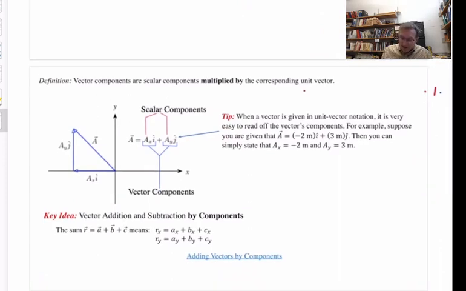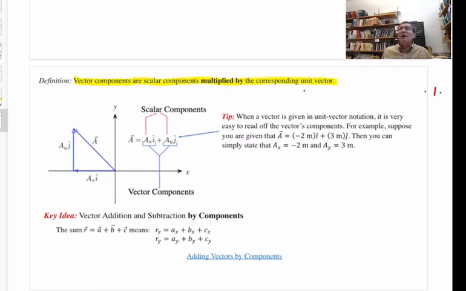So here comes our next definition. What is a vector component? We learned how to calculate scalar components in the previous lecture. The vector components of a vector are what you get when you take its scalar components and multiply them by the corresponding unit vector.